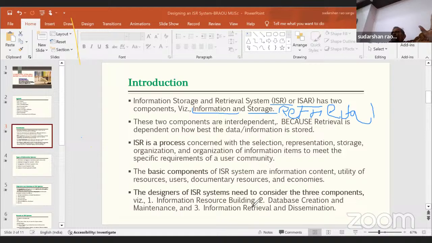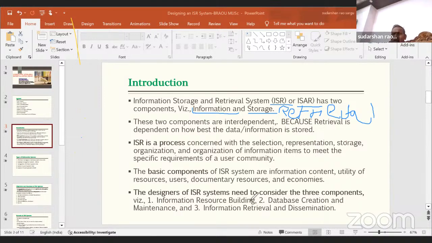It's a commerce college, a medical college, an engineering college, an IIT, a university library, a public library. Each library has its own group of users. Public library users are different from medical college users. Medical college is different from IIT users. University users are different from IIT and medical college users, isn't it? So there are variant groups of people for your institution or organization.